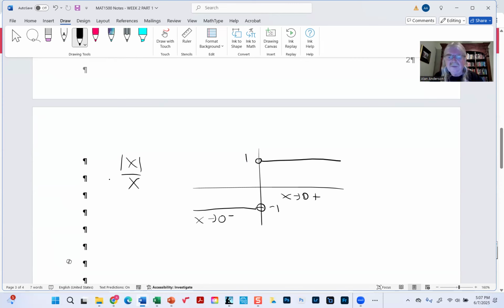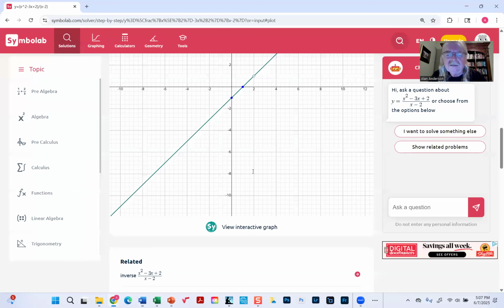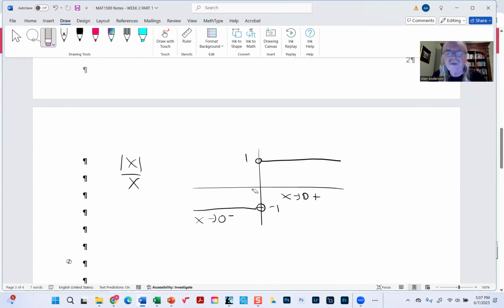So there's a problem. Let's see. Actually, let me move this up here so you can see it differently. Actually, let me draw that again.